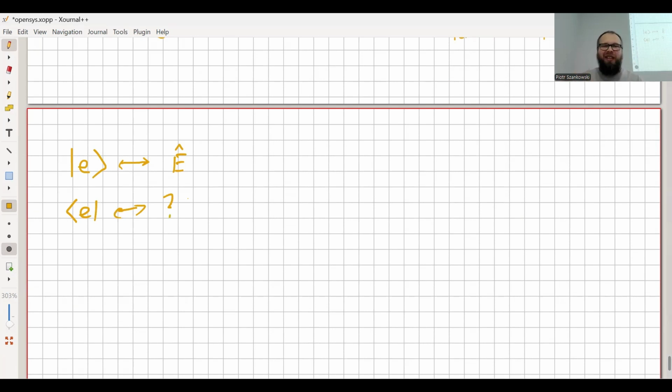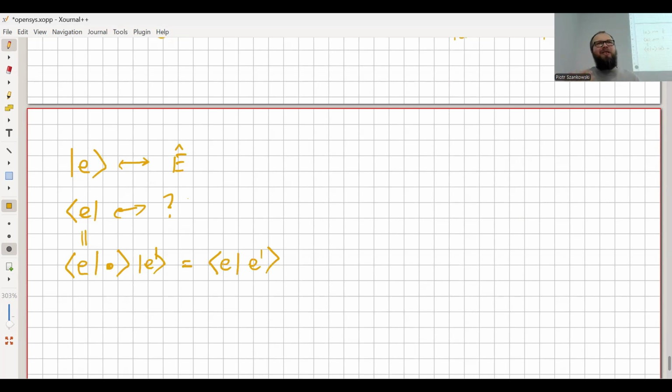If you think about it, bra is simply a dual vector if you want to be fancy, but ultimately you can just say this is the left argument of a scalar product, right? So you can imagine that it's something like this. So this is what bra means. It's like you take a half of the scalar product.